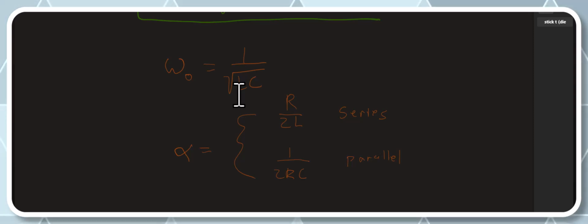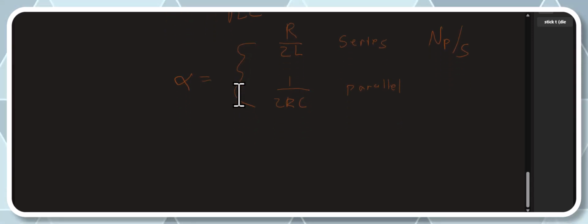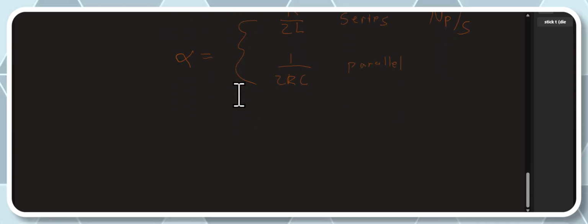And it's alpha, and alpha has these strange units called nepers per second. And a neper is like a decibel or a bell in that it is a unit that doesn't have units. It's really a ratio of two things. At this stage, it's not important to understand what it is, but I thought just in case you are curious, what kind of units is that?